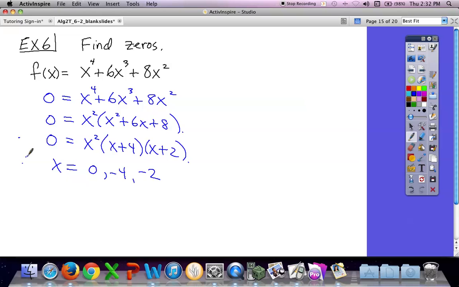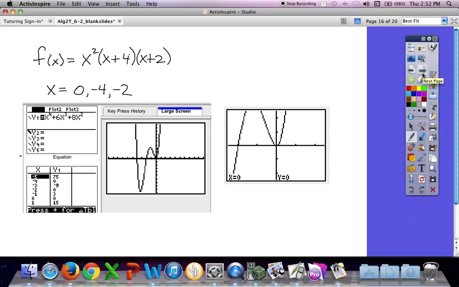Okay, now if you look at the graph on the next slide, this is what we just found. It's a 4th degree polynomial, so we would expect that it could have 3 terms in it, right? It started positive, it ended positive.